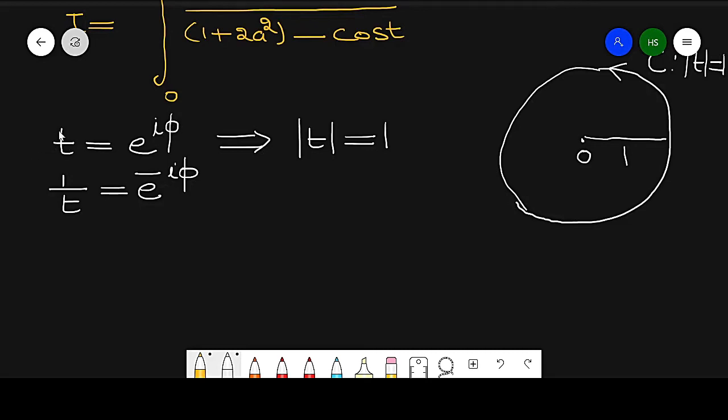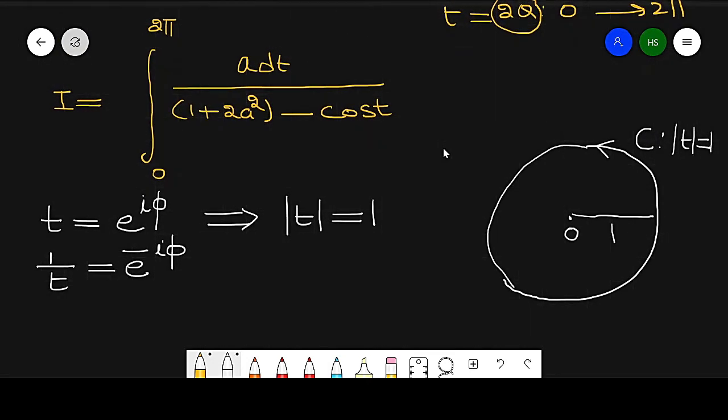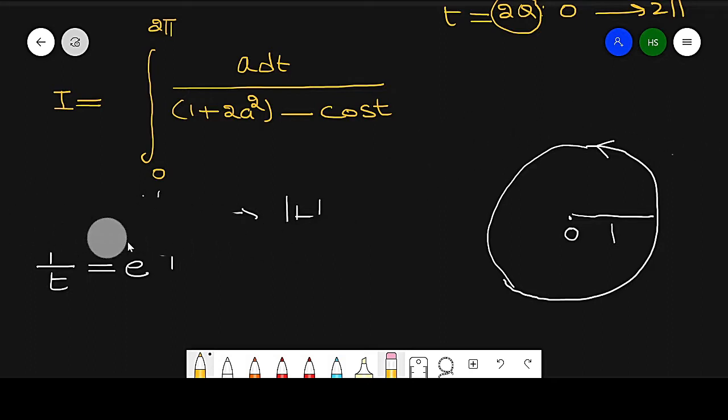Here it may be some complex number, so just change those values. So understand the basic concept. Now this value is e raised to power iota t. I have already used Z.